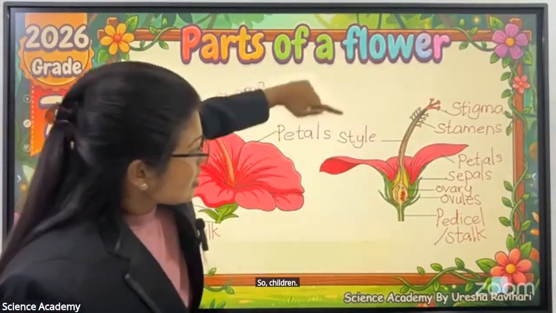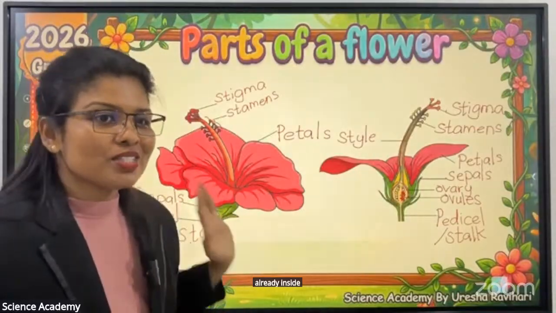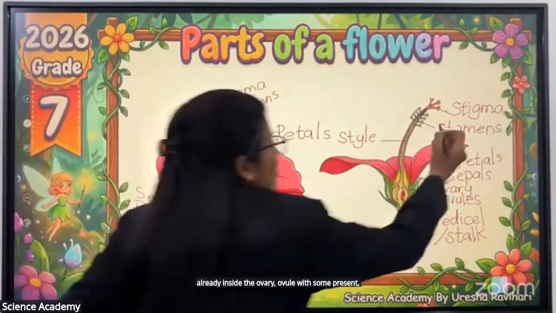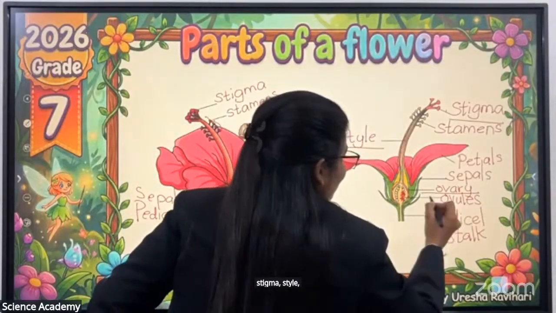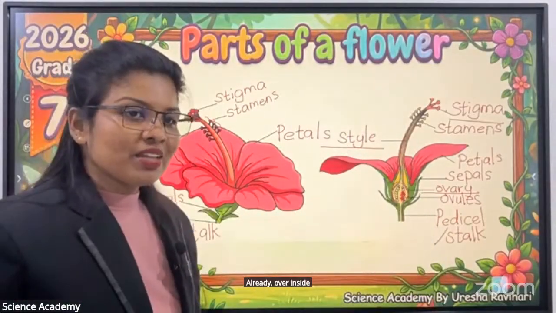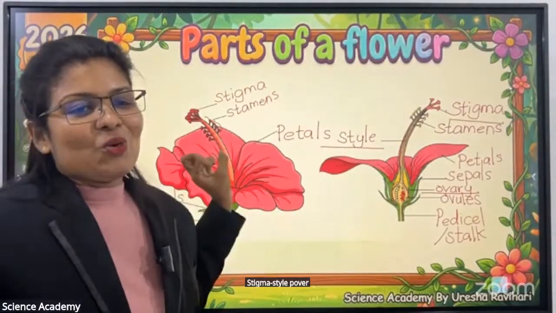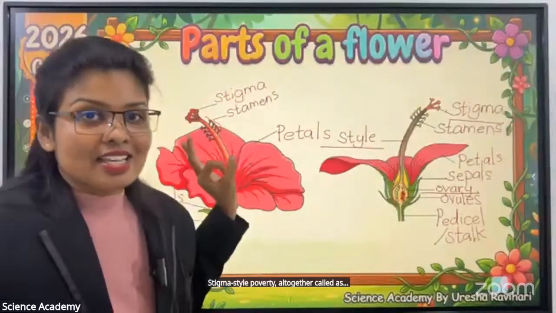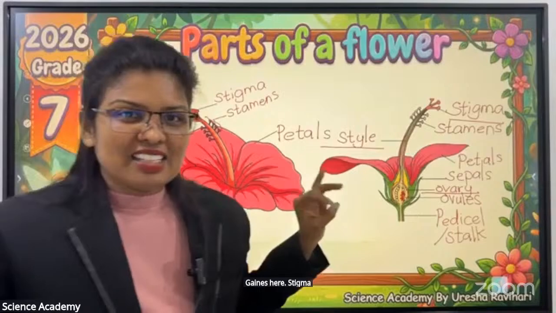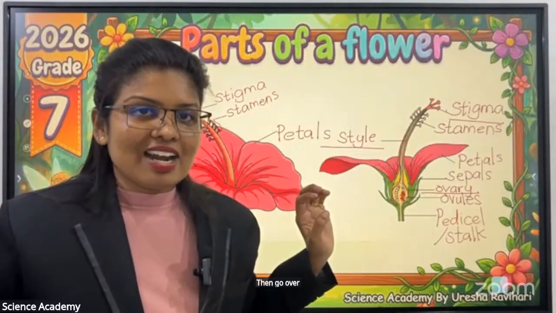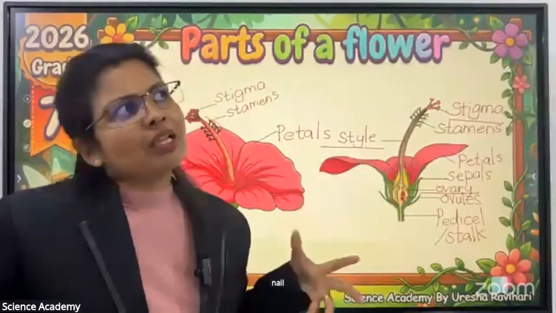So children, stigma, style, ovary. Inside the ovary, ovules are present, right? Stigma, style, ovary, all together are called gynaecium. If you forget this a little, is gynaecium the male part or female part?